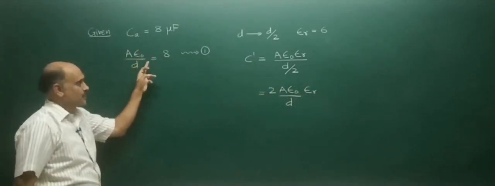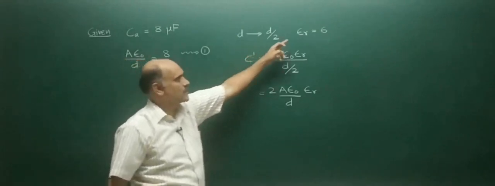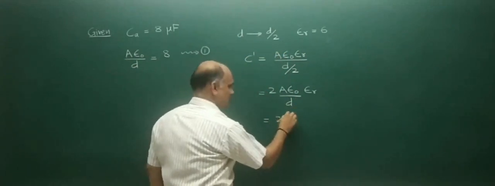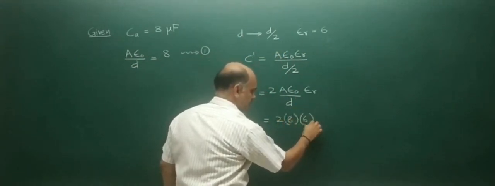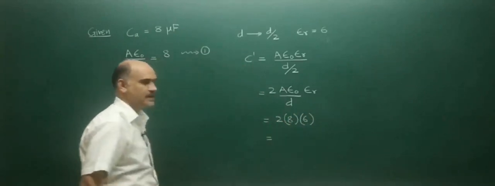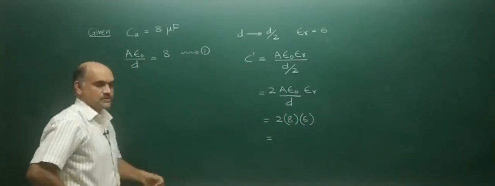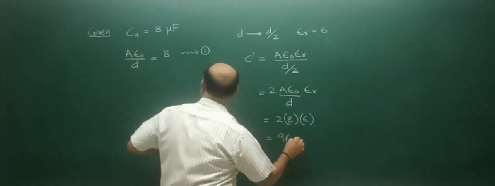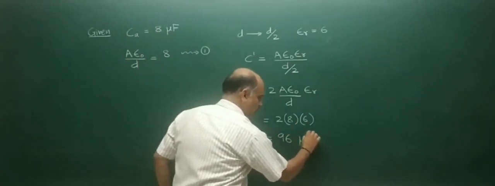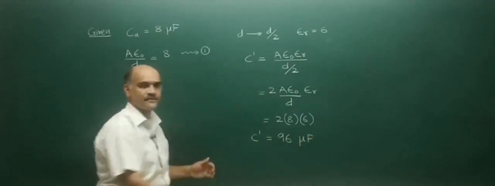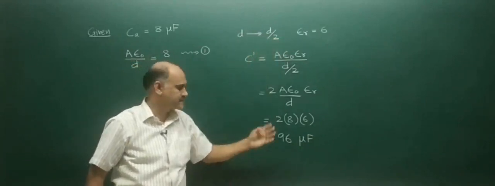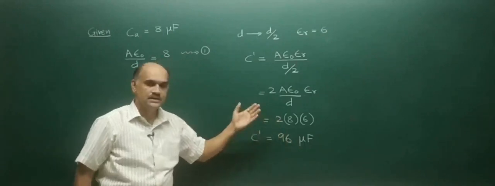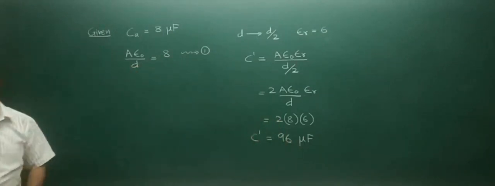A epsilon naught by d he has given as 8, epsilon r he has given as 6, so substituting, you will have 2 into 8 into 6. Simplify: 8 twos are 16, 16 sixes are 96. So you will have 96, units is microfarad. So the capacitance with dielectric constant 6 is 96 microfarad. Clear, students? Next we will go for the third problem.